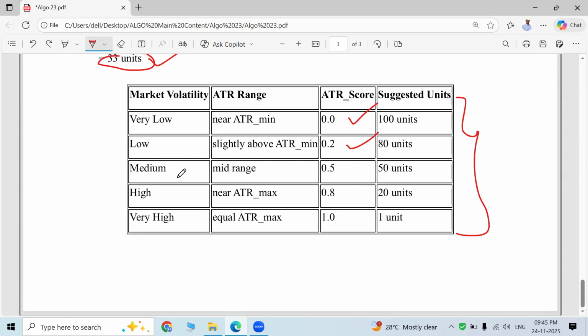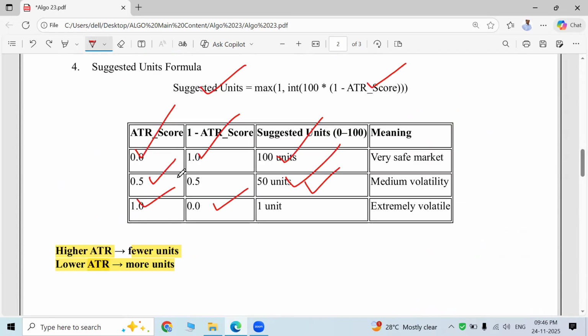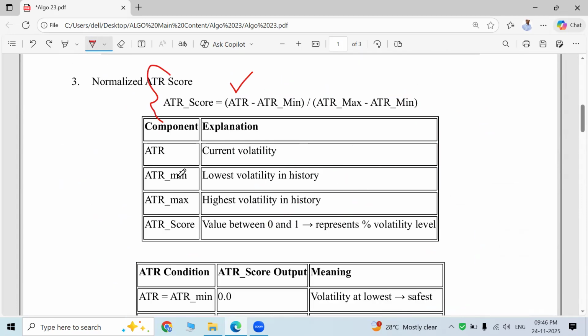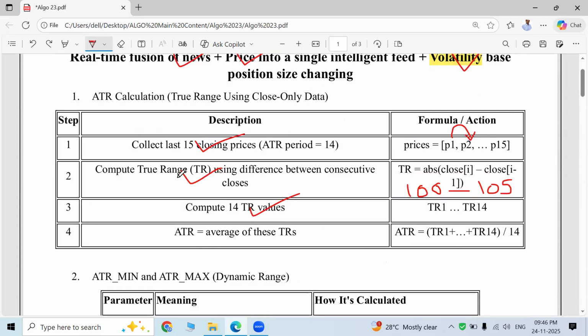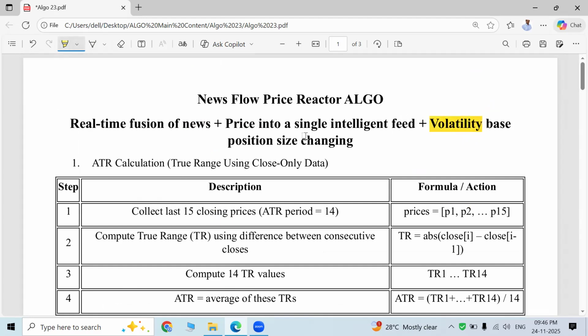So it would be very simple for you to catch all the important concepts of how the volatility and other things are being considered. I'm going to explain the complete calculation one more time with the concept of news flow and other parts. First, we are going to find the size of the position based on volatility.